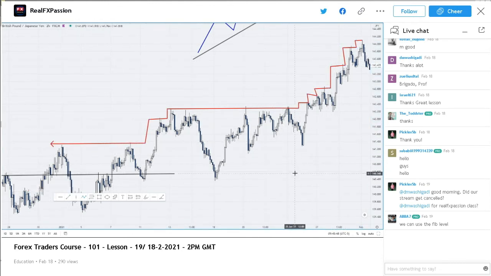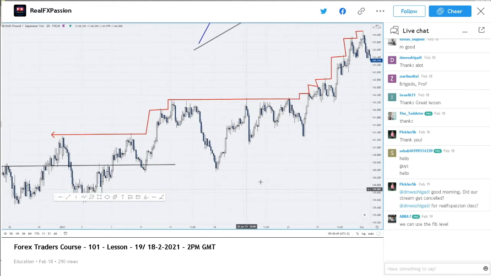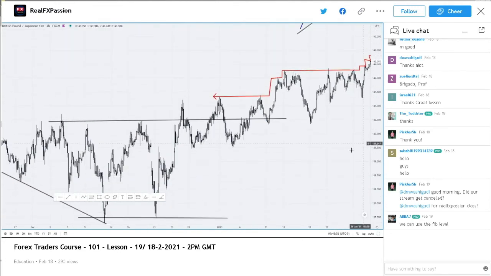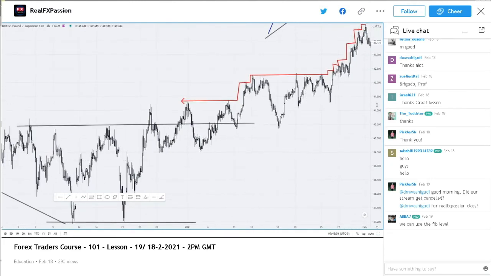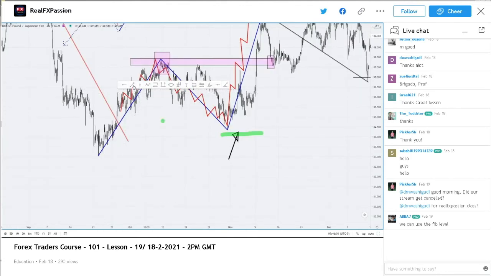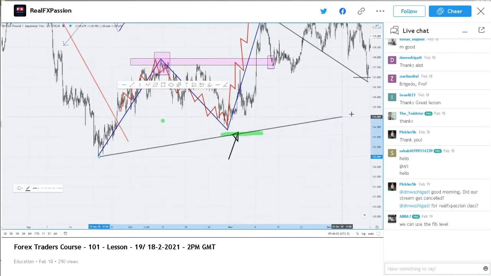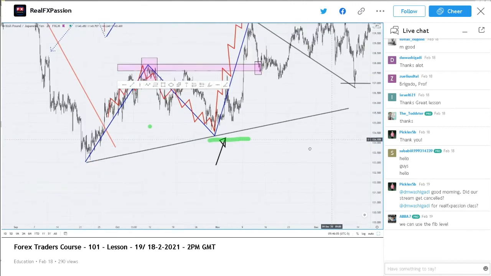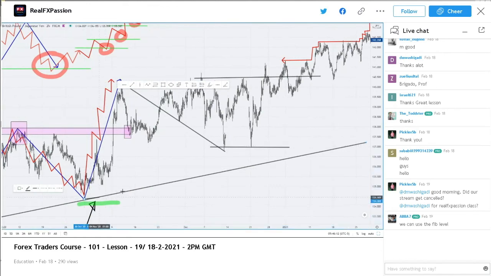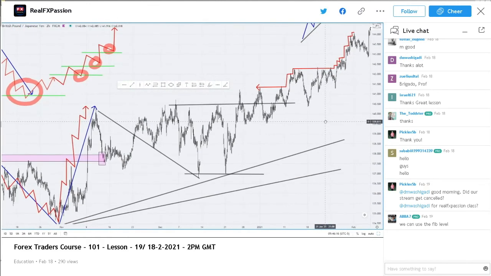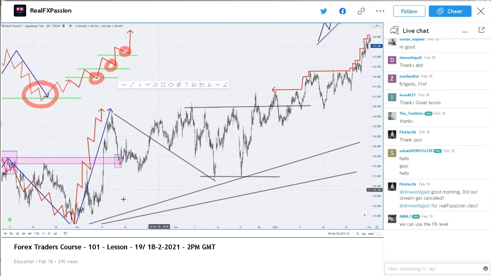Okay, and we need to adjust the uptrend line. Where's the trend line? So this will be 1 and extend, right? Uptrend line. We learned this in the previous lessons, everybody. Uptrend line here too, and we don't see the future.